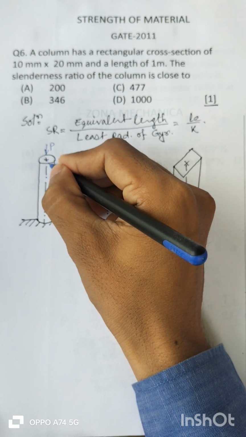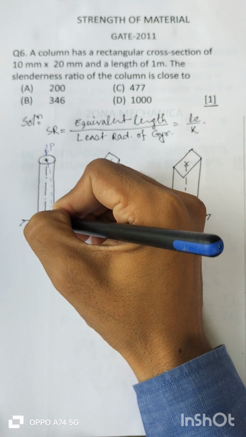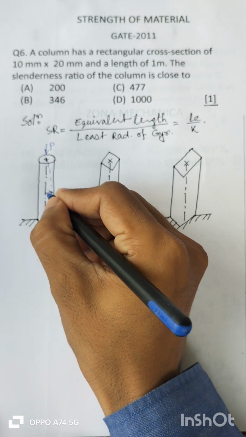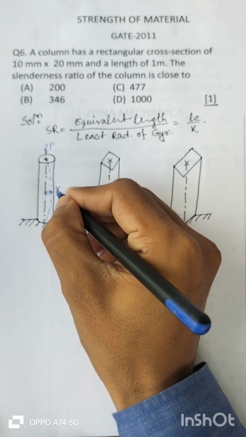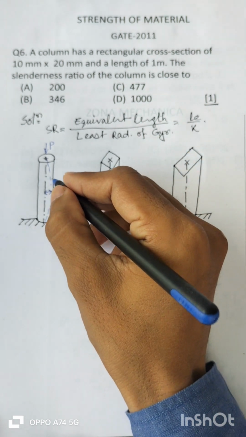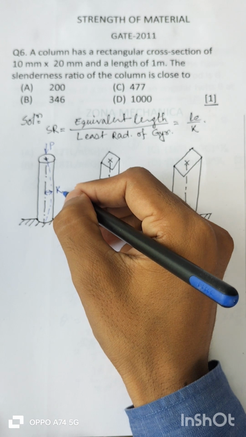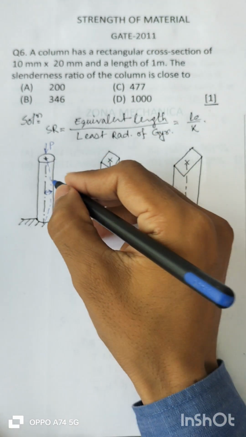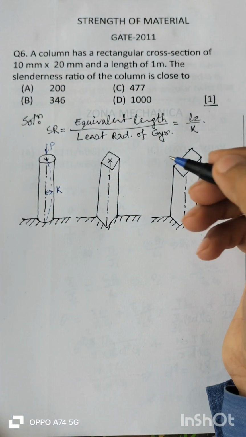So suppose it is buckling in this way, so the maximum deviation of the axis from the mean position is the radius of gyration. So for circular cross section it is having a single radius of gyration.